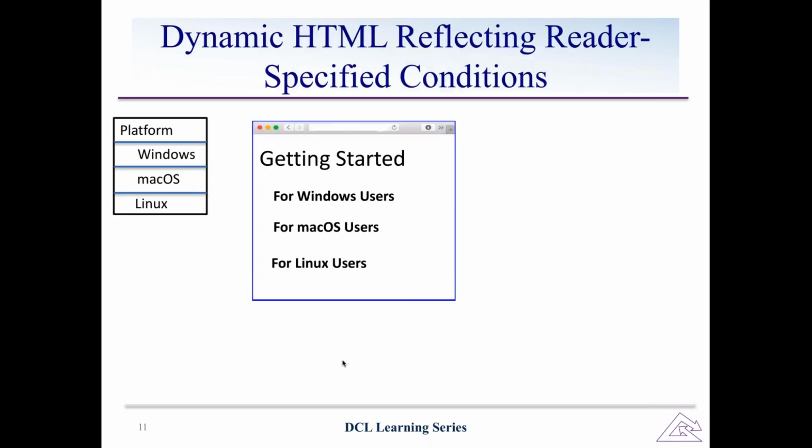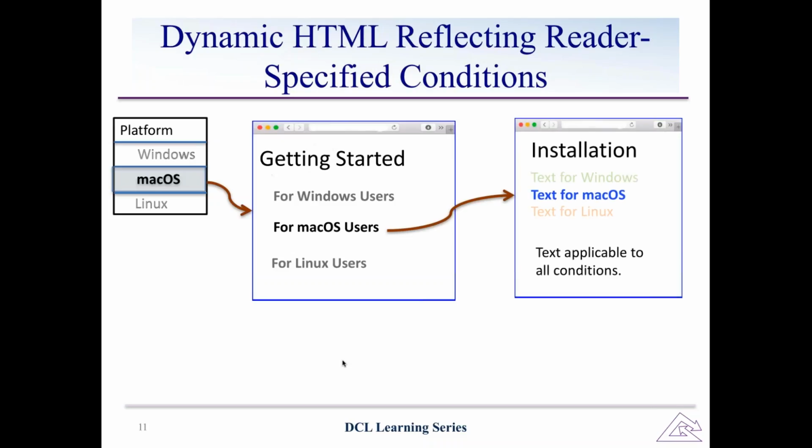So the way this might look, for example, is in my browser, I have a way to select my platform. I'll say, all right, I'm really interested in Mac OS. Then that's going to have the effect of only showing me the Mac OS stuff, that is dynamic filtering in the browser. And then there's a link from there, from getting started to installation, that will take me to an installation topic, and again, filter that view only for Mac OS.